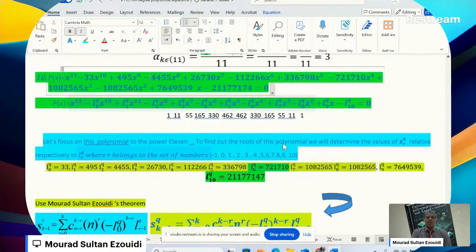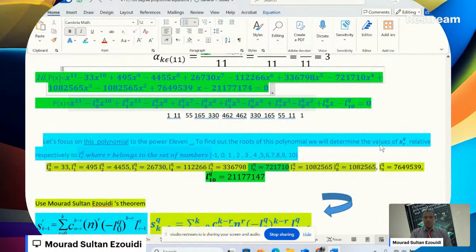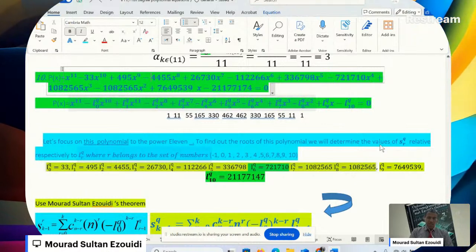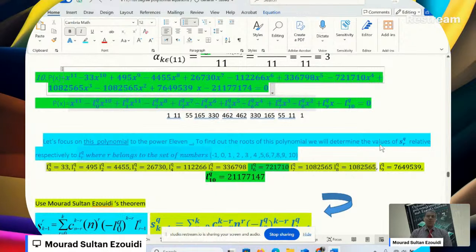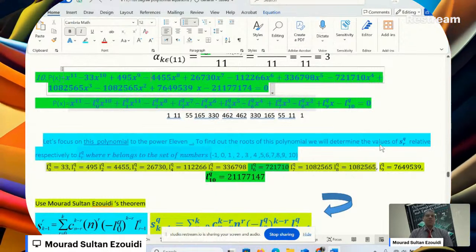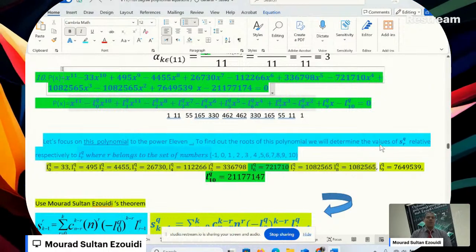In order to find the roots of this polynomial to the power 11, first of all, you should determine, my professors, teachers, colleagues and students, the value of x^r for the q, where r ranges from 0 to 10, because the highest power is 11, so 11 minus 1 is 10, and we start from 0.